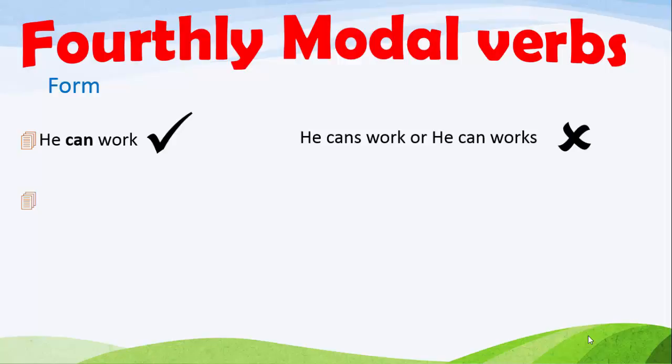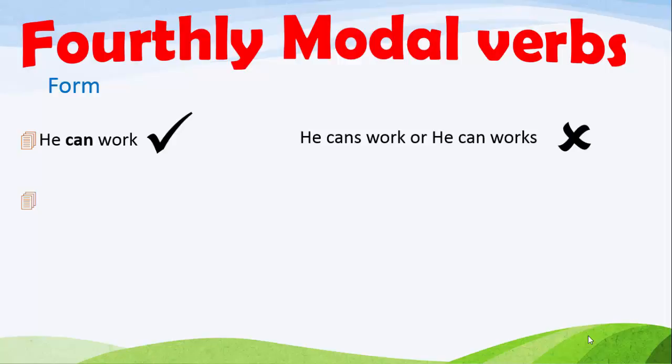Firstly, I cannot add any extra letters or any addition to the modal verbs. I cannot say oughts or cans. This is not English. This is the first reason. The second reason: after all the modal verbs, I have to use the infinitive without to.